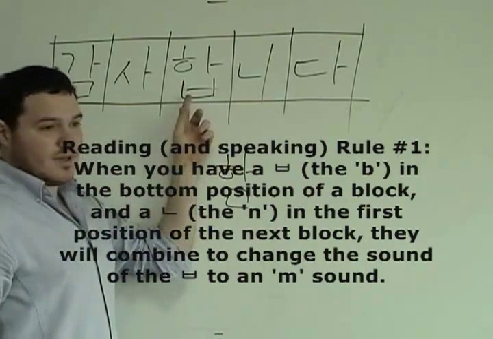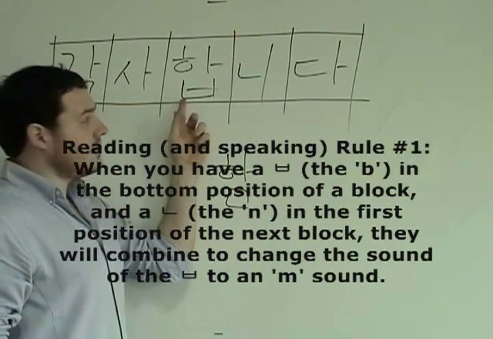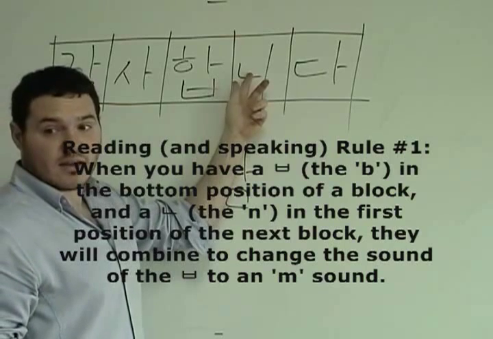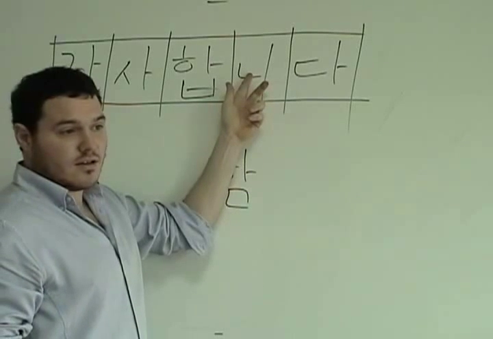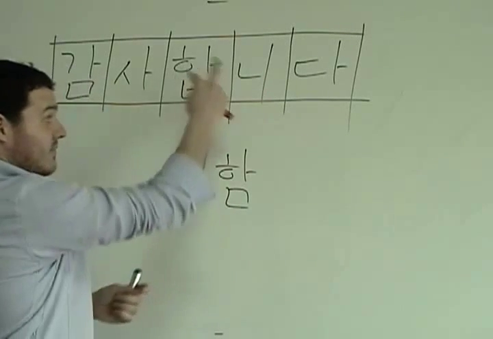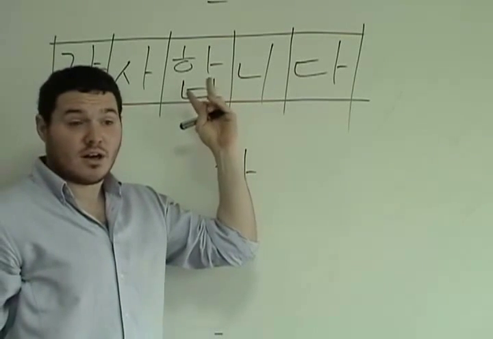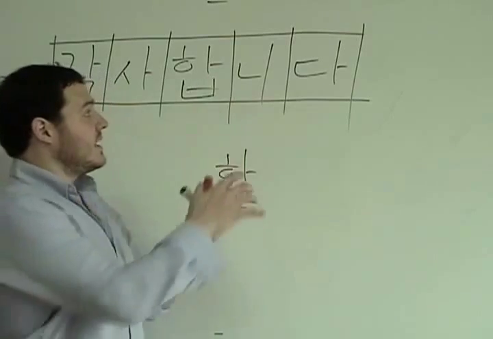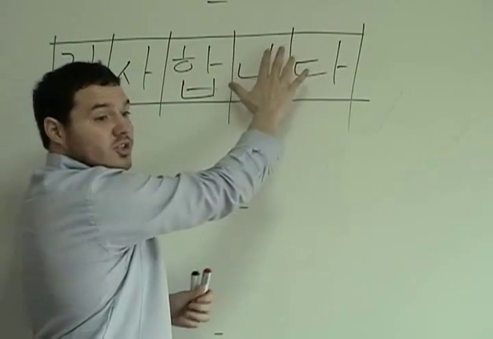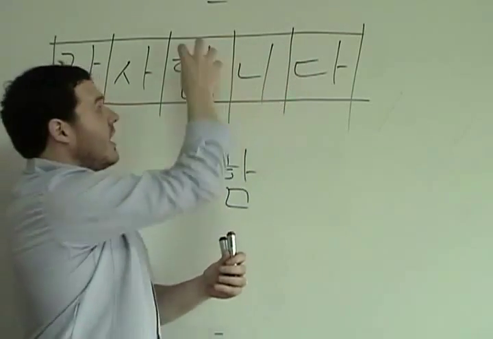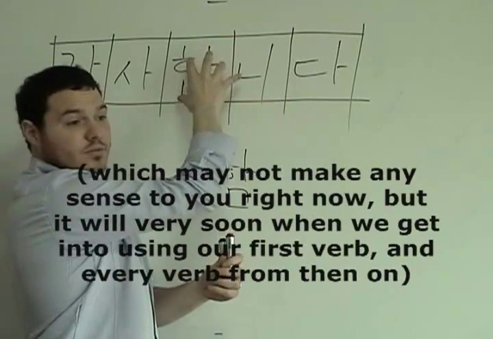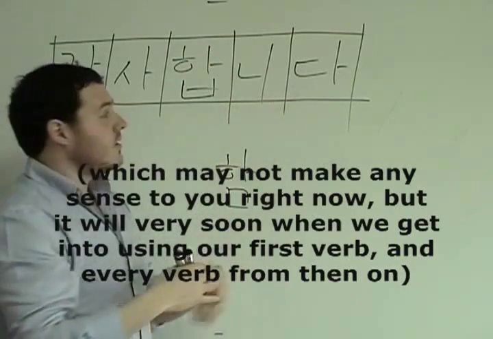We have a B here in the last character, and the next character is an N. The rule is when you have that situation, and that might seem kind of random, but it will actually happen a lot. This is a honorific conjugation of a hada verb. This is a type of verb, to be thankful.